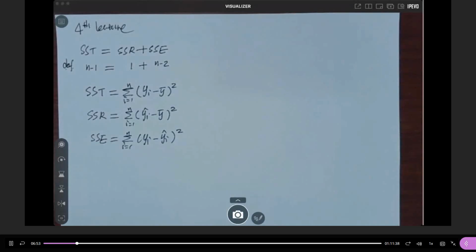How do you figure out the degrees of freedom? Can you please go through that again, please? Which one? SSE? How you got the degrees of freedom? Hold on, it's not very clear. So you want me to go through which one again? The explanation of the degrees of freedom, how you came about that. I was having issues with my computer earlier, so I didn't get that clearly.